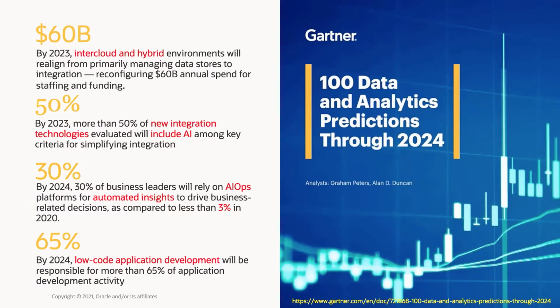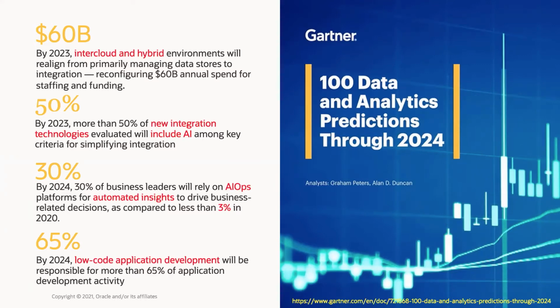So in this Gartner study, top 100 data analytics predictions through 2024, $60 billion will be spent on data integration because of the demand on intercloud and hybrid deployments of data stores. The majority of these new integrations would be using AI as a top criteria for simplifying integration, automated insights, and no-code application development.